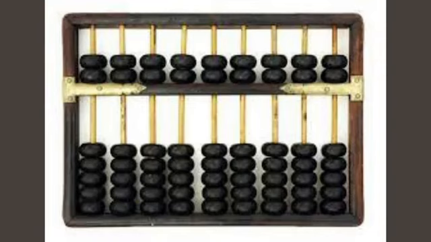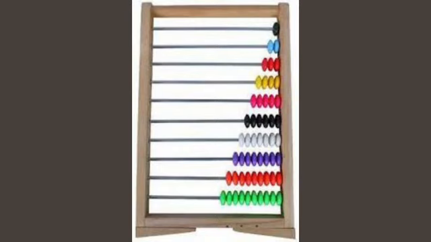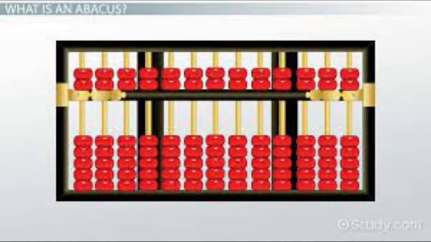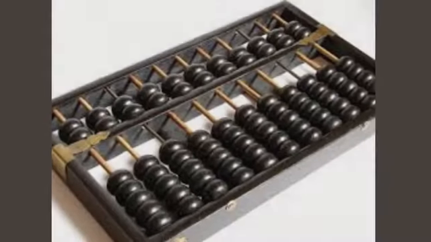The upper part, as you can see, is called the heaven, and each of the two beads representing the two hands is worth 5 when moved to the center. The lower part is called the head, where each of the 5 beads, also representing the fingers, is worth 1 when moved towards the center.